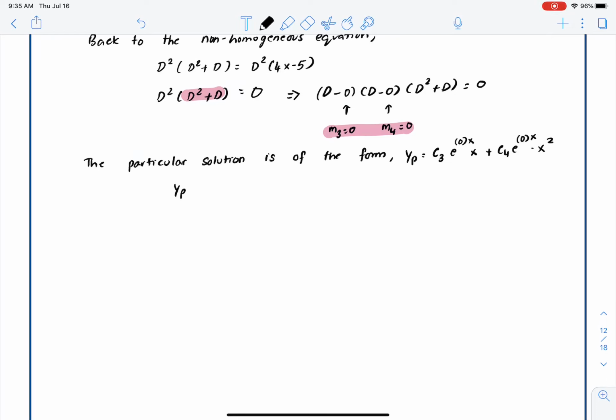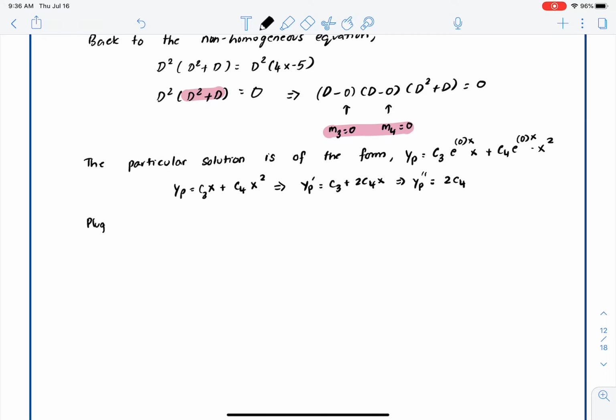So yp is c3 times x plus c4 times x squared. This would mean yp prime is c3 plus 2c4x, and yp double prime is simply 2c4.